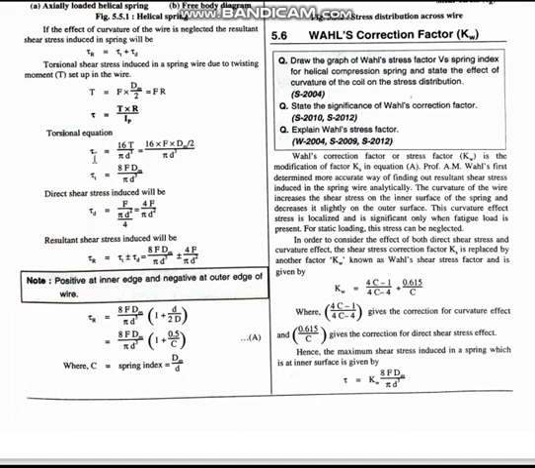Also, one more equation we were having because of the torsional shear. What is J? J is pi d to the power 4 by 32. And what is R? D by 2.